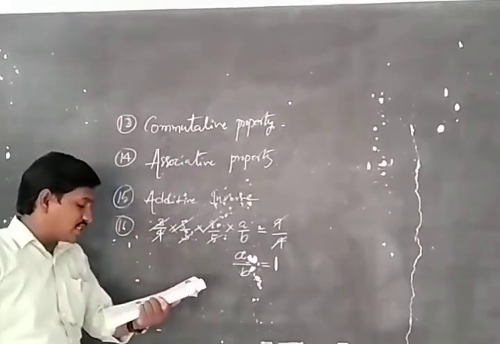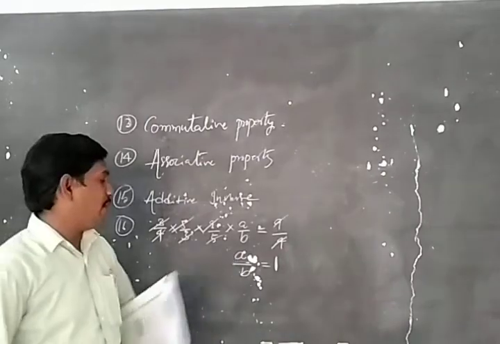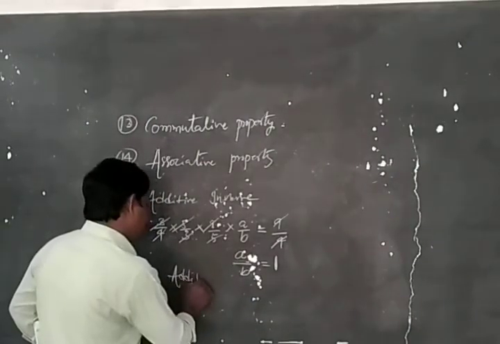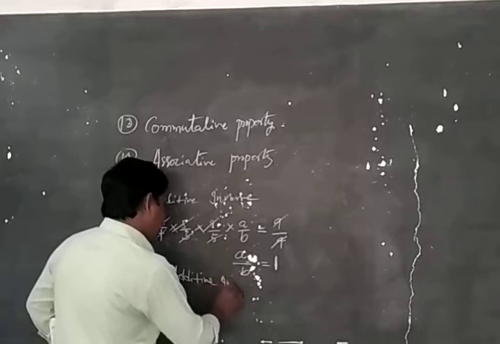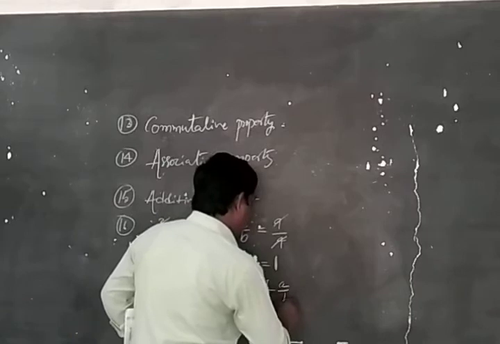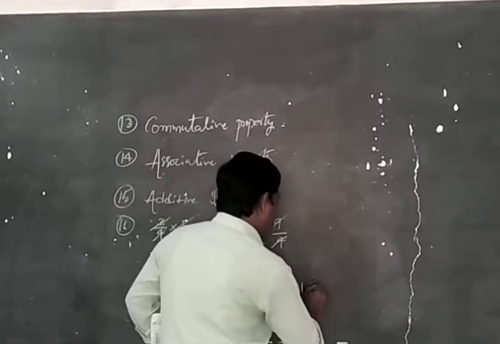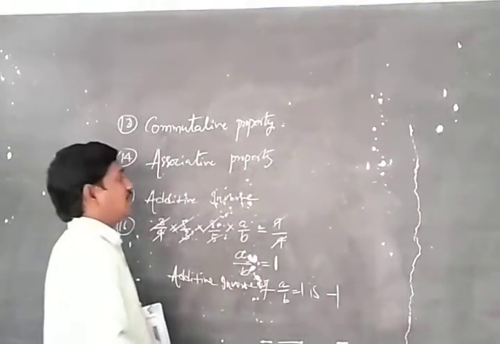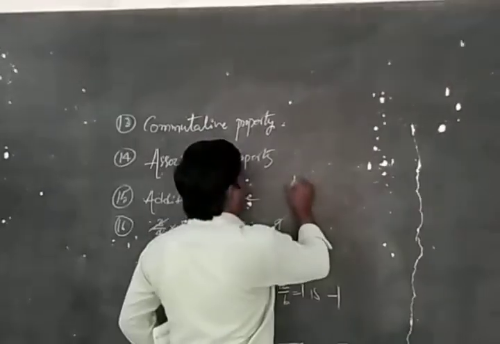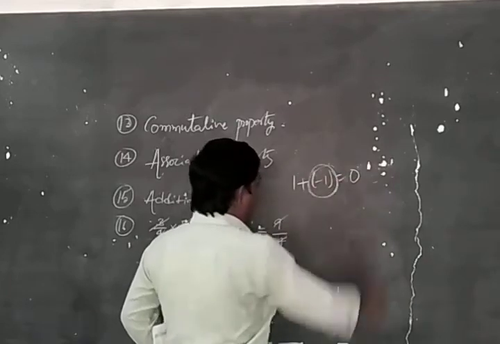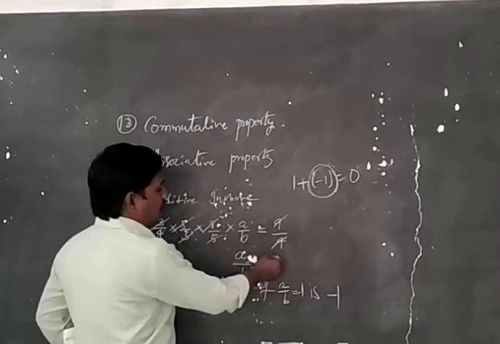And what we have asked here is the additive inverse of A by B. A by B equal to 1. What is the additive inverse of 1? Minus 1, because 1 plus minus 1 equal to 0. That's why minus 1 is the additive inverse of 1.